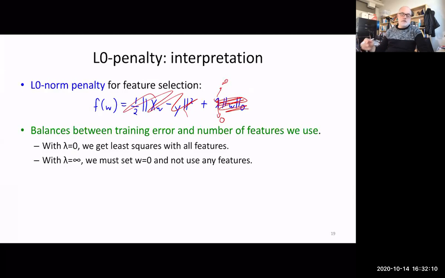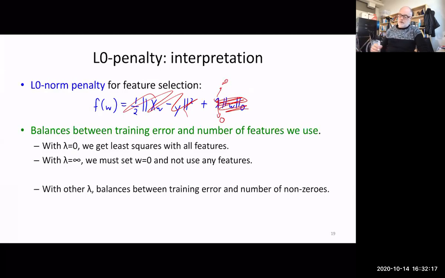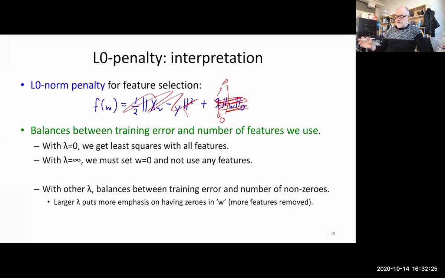The way you do that is you put zeros in all of the entries, so you will use no features. For lambda in between, this penalty balances between the training error and the number of non-zeros. Larger lambda puts more emphasis on having zeros in W, so more features are removed. And the nice thing is that all the stuff that you might read about feature selection, AIC, BIC, and so on, correspond basically to different values of this lambda.